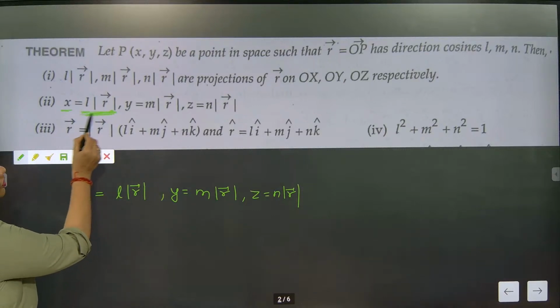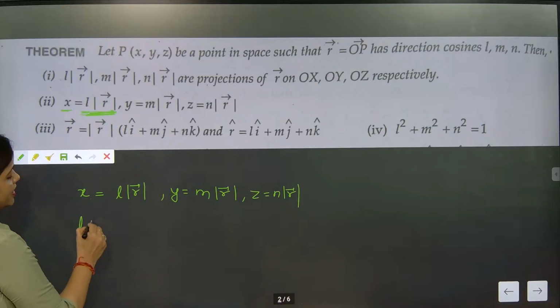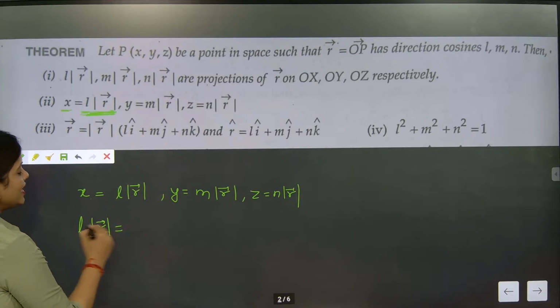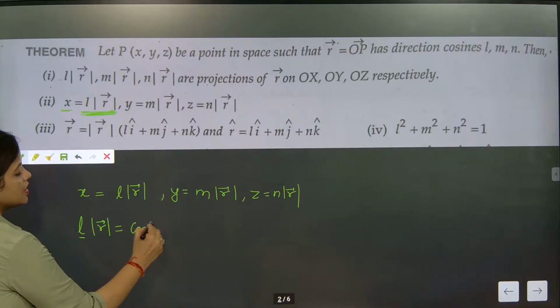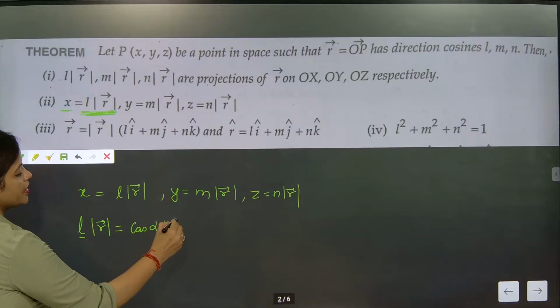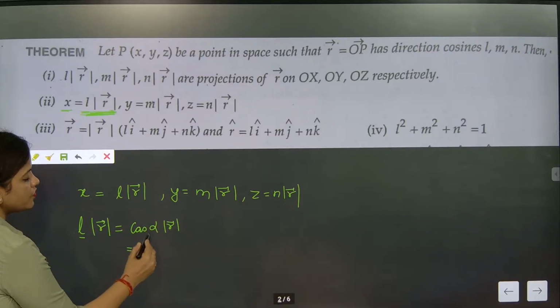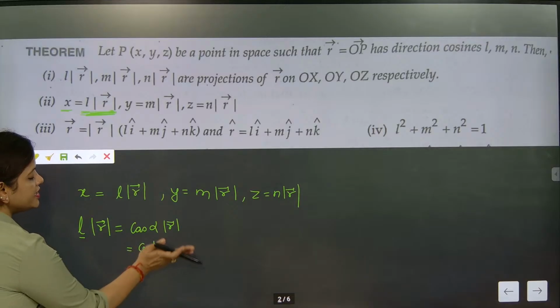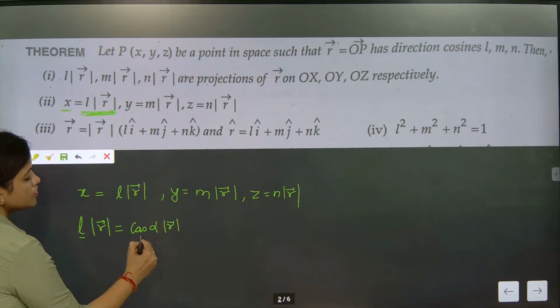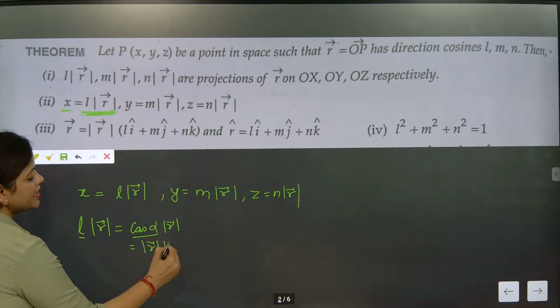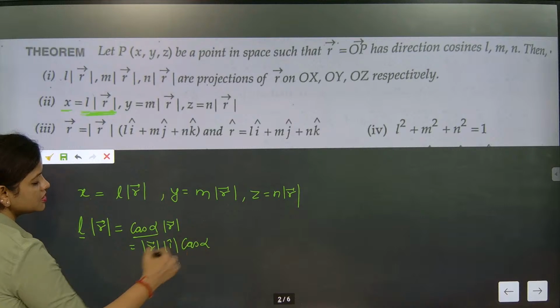See, can I start from here? Now look at L into R. L can be written as cos alpha into R. Along the x-axis, we can go in reverse. So this is exactly R vector and i cap along the x-axis, alpha is there, and this part will become cos alpha.